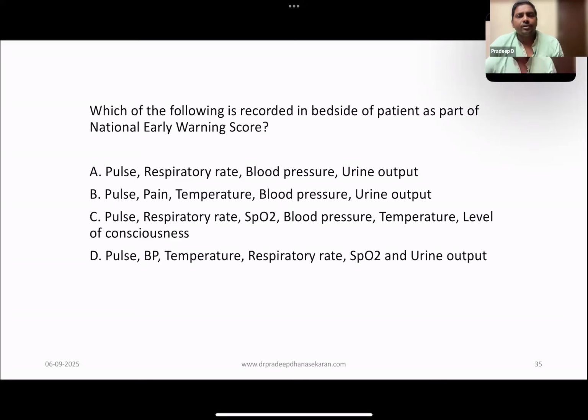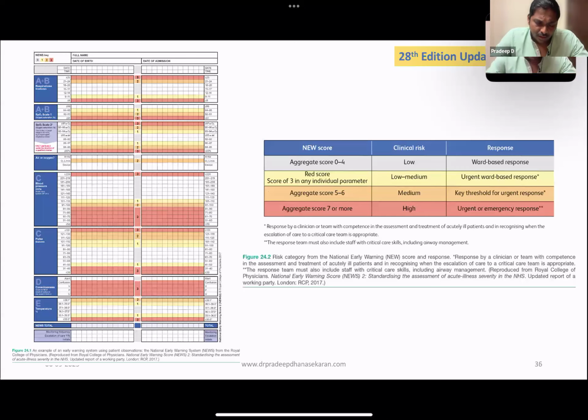Which of the following is recorded at the bedside of the patient as part of the National Early Warning Score? It includes all: pulse, BP, respiratory rate, saturation, temperature, and the level of consciousness. This is the National Early Warning Score.